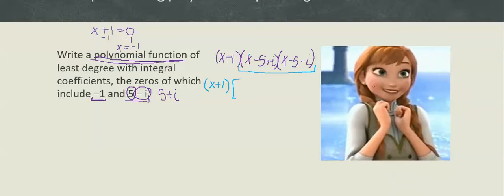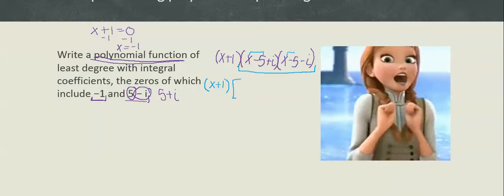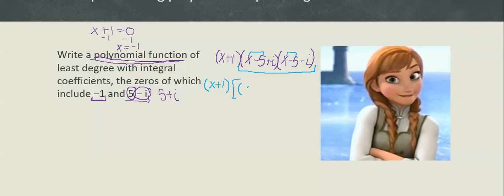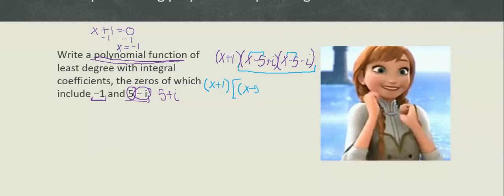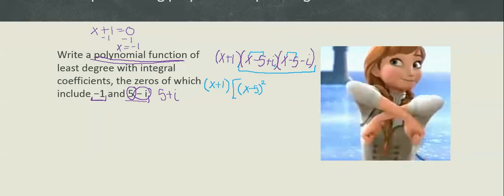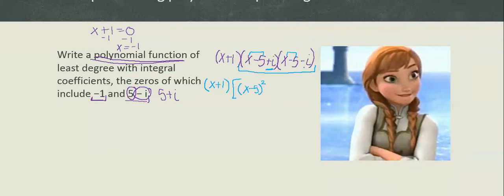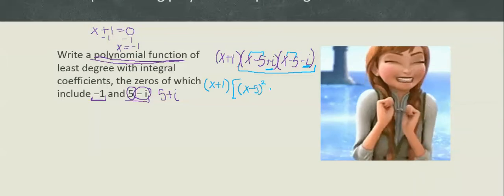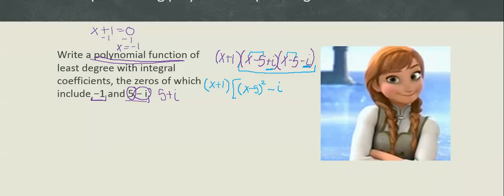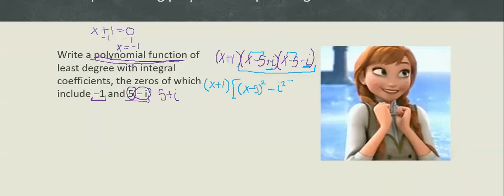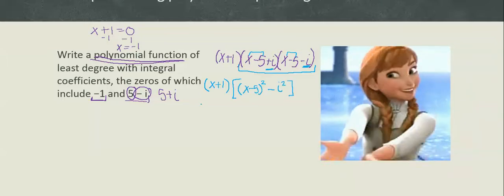I'm going to clean up our next guys right here. The first thing that I notice is that I have an x minus 5 and another x minus 5. So I'm just going to write it as x minus 5 to the second. Then I have plus i and minus i. So when I multiply that, I get negative i to the second. I'm just cleaning this up.